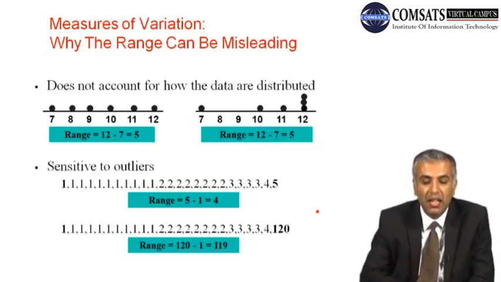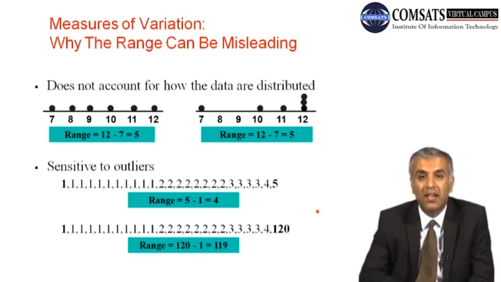And here we are given two examples, in which in the first one, the values range from 7 to 12, and we have just calculated the range by simply subtracting 7 from 12, which is 5. However, in the other data set, the situation is quite different.